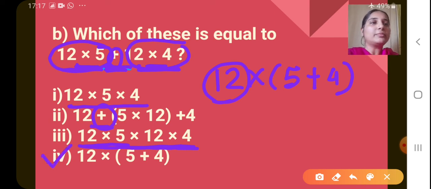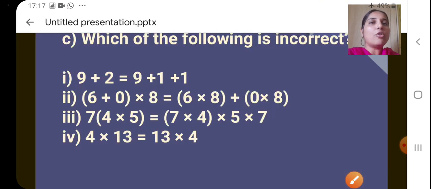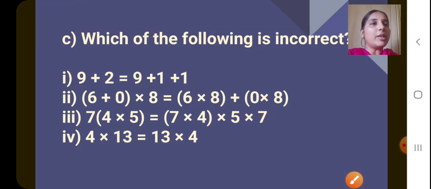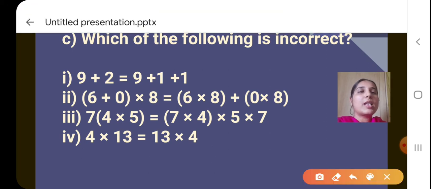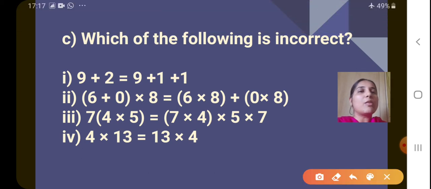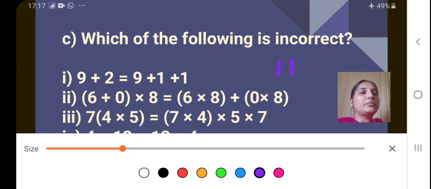Okay children. Now let's see question number C. Which of the following is incorrect? So let's see option number 1. So 9 plus 2 is equal to 9 plus 1 plus 1. So 9 plus 2, what will we get, children? 11.